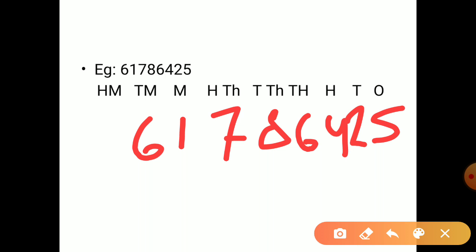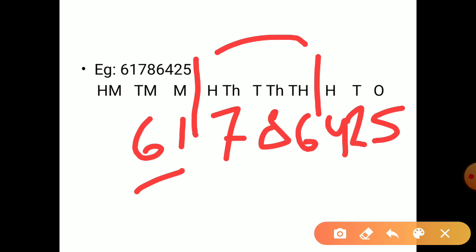Now I will read the number according to the period. Here I have millions period, here I have thousand period. So in million period I have 61, so I will write 61 million. In thousand period I have 786, so I will write 786,000.